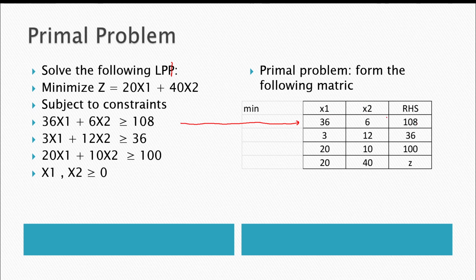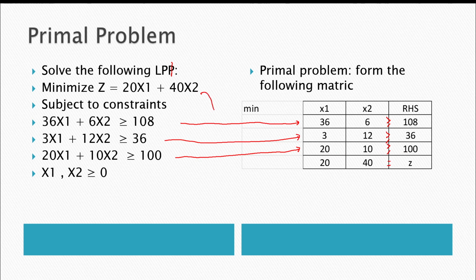These are greater than or equal, greater than or equal, greater than or equal. Second constraint goes into the second row: 3x1 plus 12x2, 36. And then the third constraint goes into the third row: 20x1 plus 10x2 greater than or equal to 100.